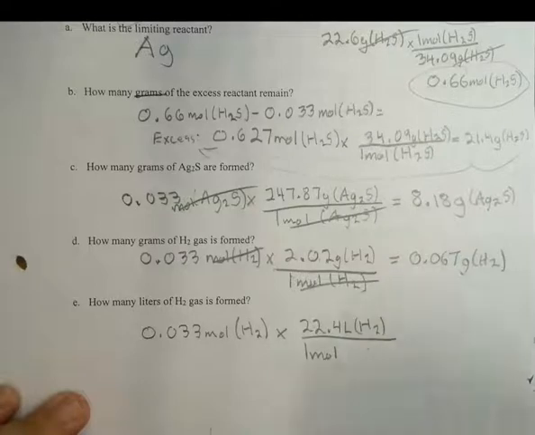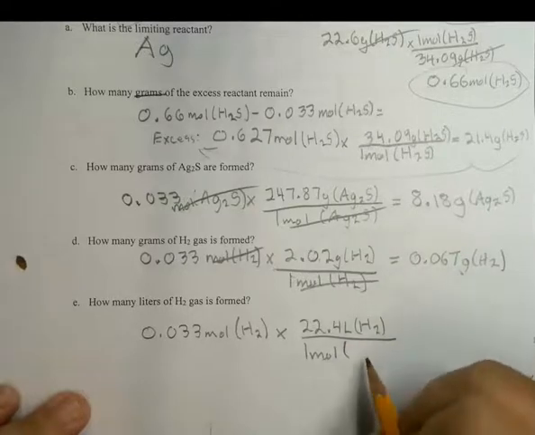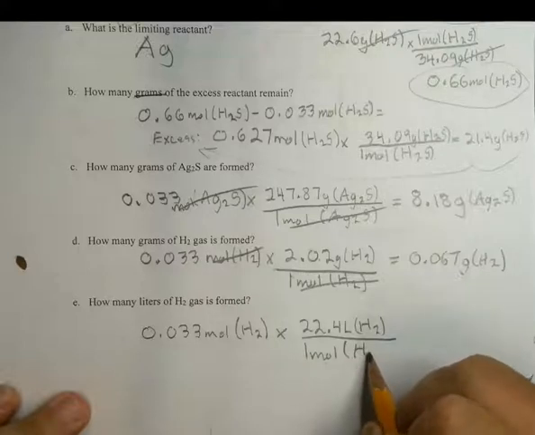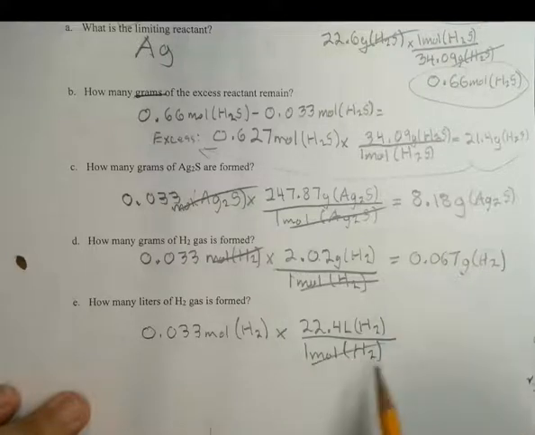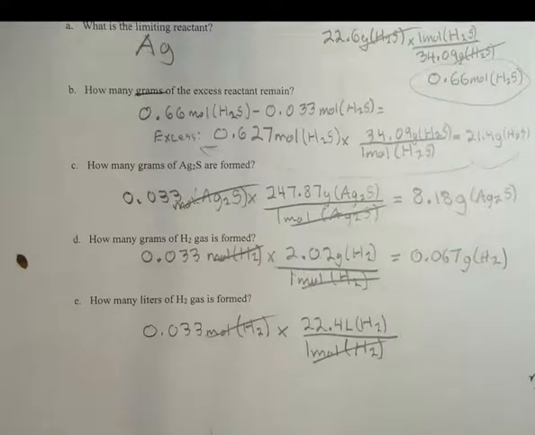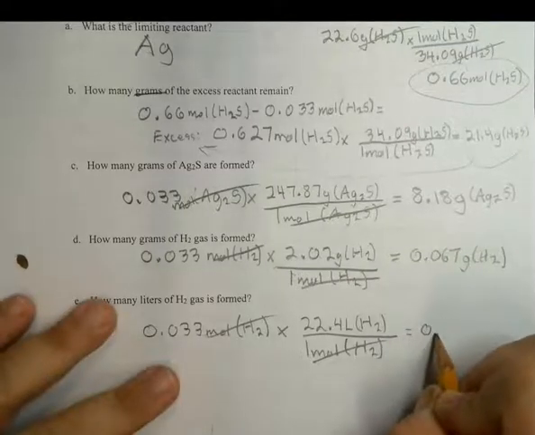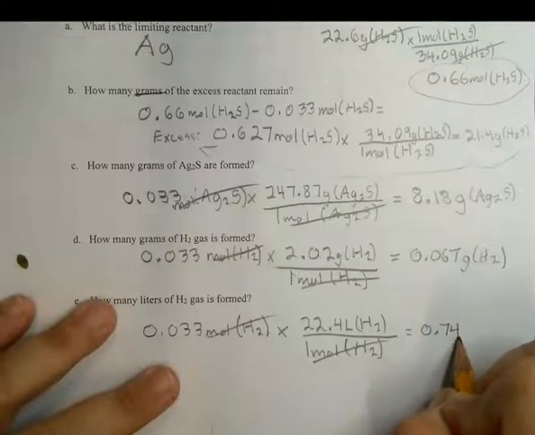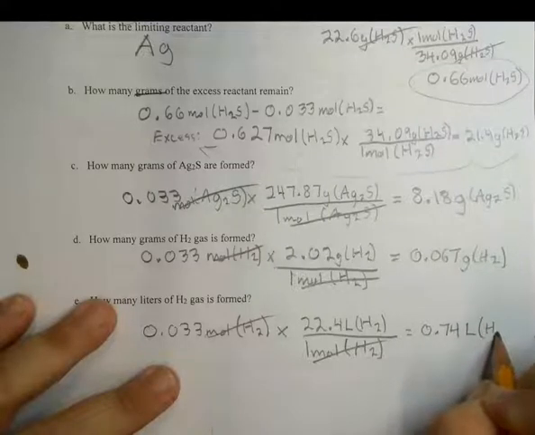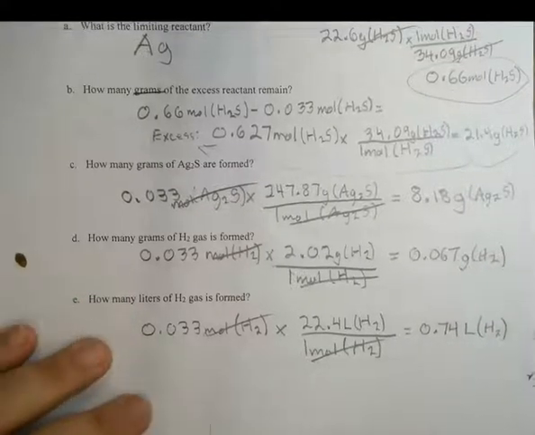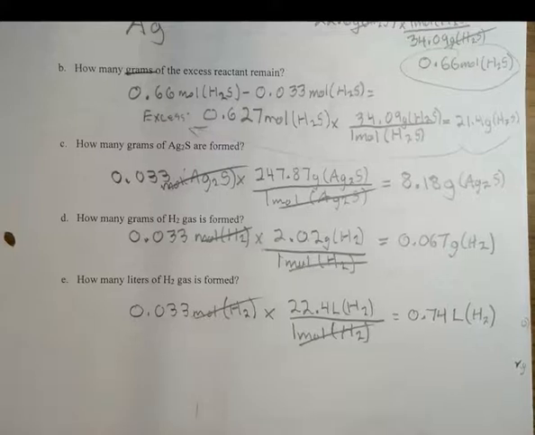Sometimes you want to know grams, sometimes you want to know liters. Just depends on what the situation in the lab is that you're working with. So moles of H2, and now you multiply 0.033 times 22.4. And I get 0.74 liters of hydrogen gas. Okay, and that takes care of that problem set.